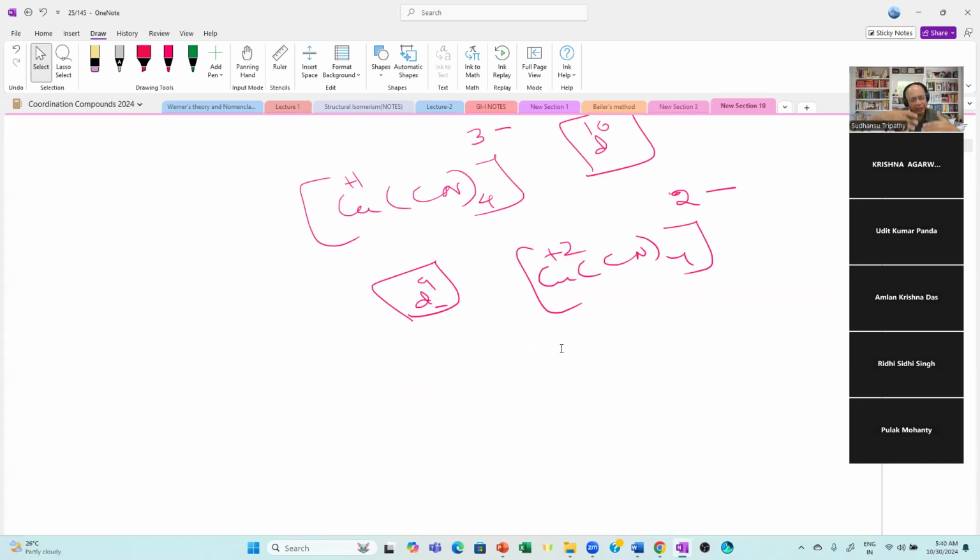But you know the inner story behind it. In d9, there could be a d-d transition. Had it been Cu+1, then there is no d-d transition. So if somebody asks a question why it is colored and why it is colorless, you have to answer in terms of CT. Why is it colorless? The better answer, if it is board, is that there is no d-d transition for d10 and d0.